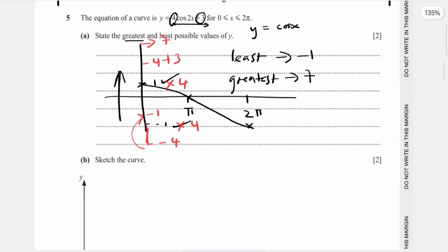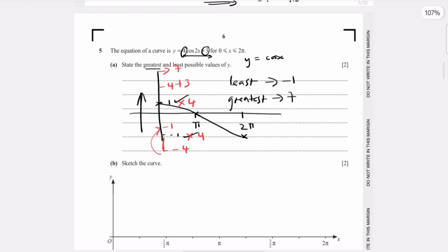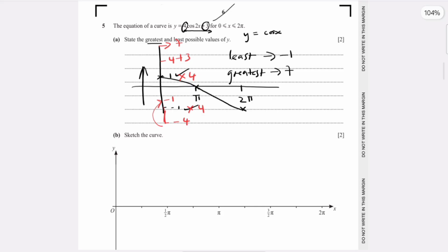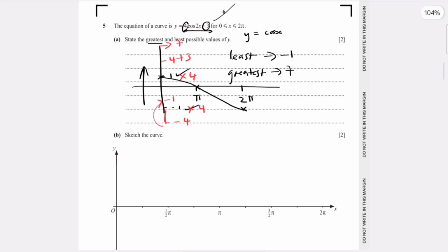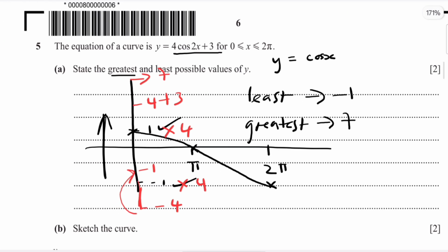Then for B, it says sketch the curve, this one. So for that, we are going to consider all the transformations.